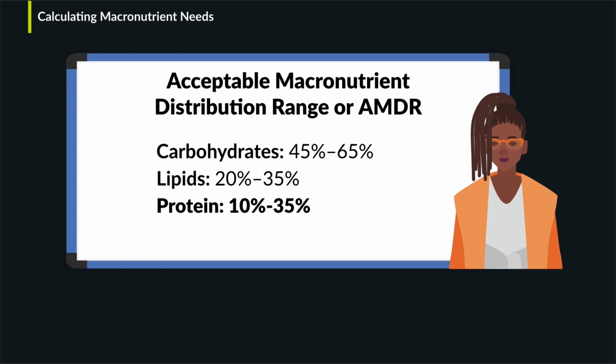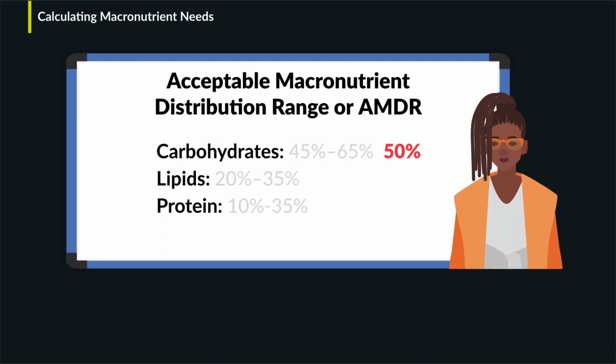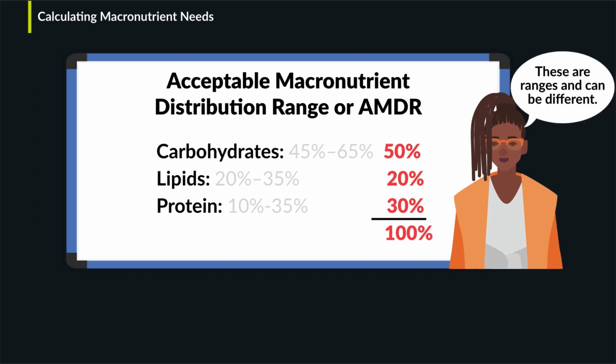Protein, 10% to 35%. From those ranges, let's choose the following. Carbohydrates, 50%. Lipids, 20%. Protein, 30%. Notice how these equal 100%. Just remember, these are ranges and can be different based on your own needs and preferences.